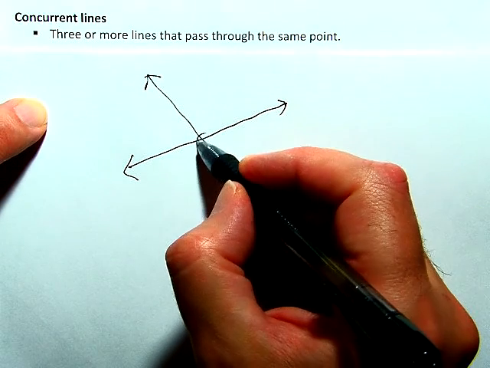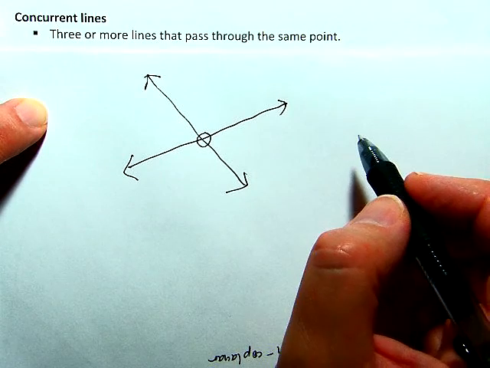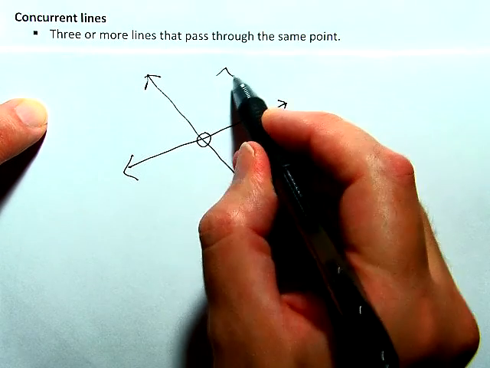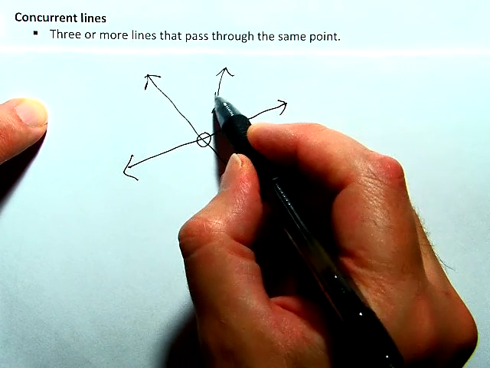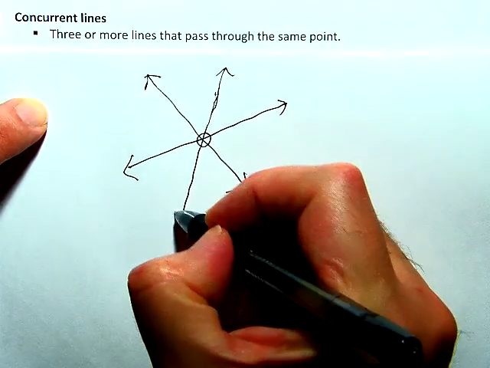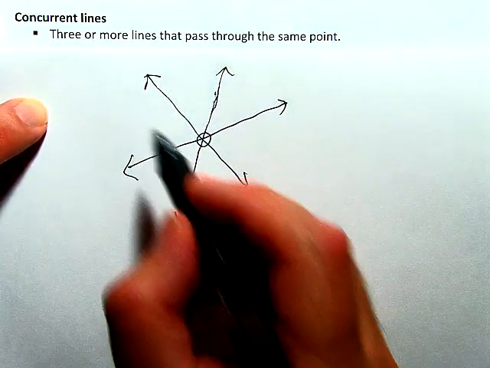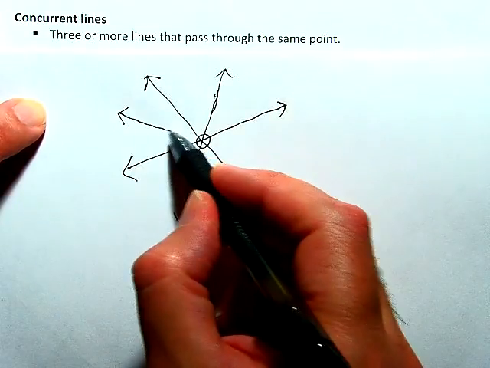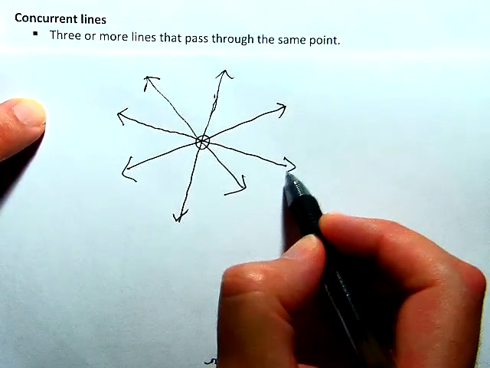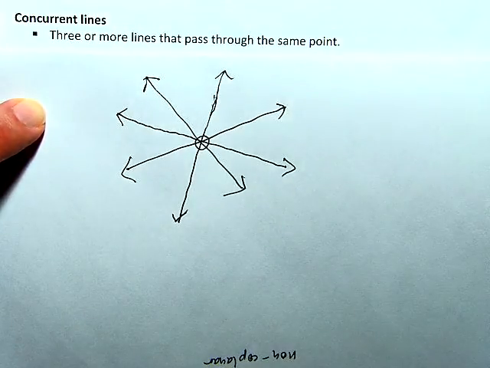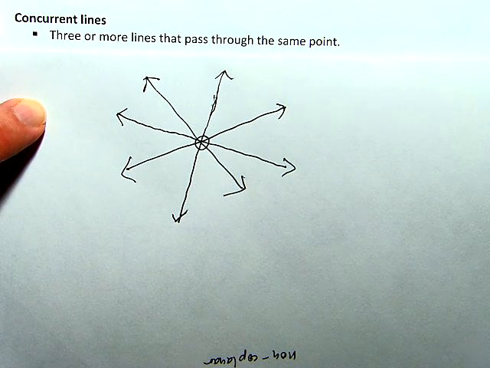You got it. It would have to go through the intersection point of the first two lines. So if we drew another line, it's not a great line I'm drawing there, but okay. I drew it, and now you see we've got three lines that pass through the same point. We could draw a fourth line passing through the same point too. That would make all four of these lines concurrent.